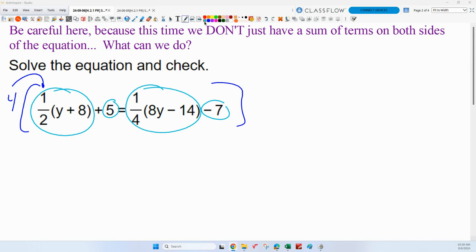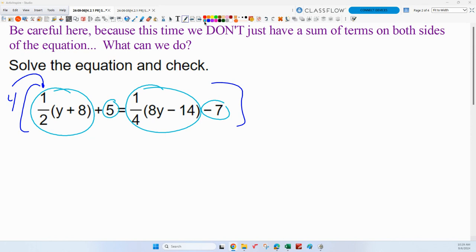What is 4 times 1/2 times y plus 8? When you multiply, we talked about the properties of real numbers, right? When we multiply in pairs, two at a time, right? So the easiest way to do this would be to multiply the 4 times the 1/2 first, and then whatever I get is going to be distributed, right?